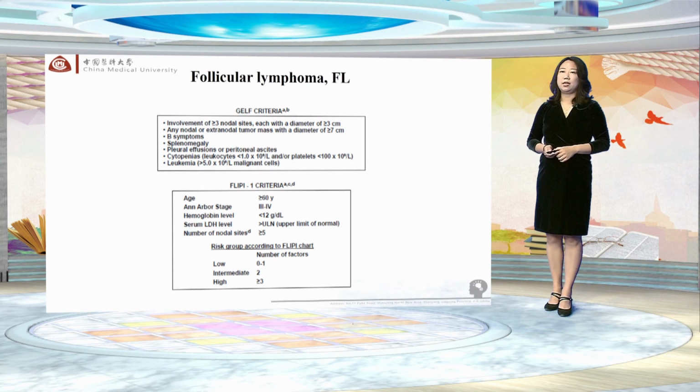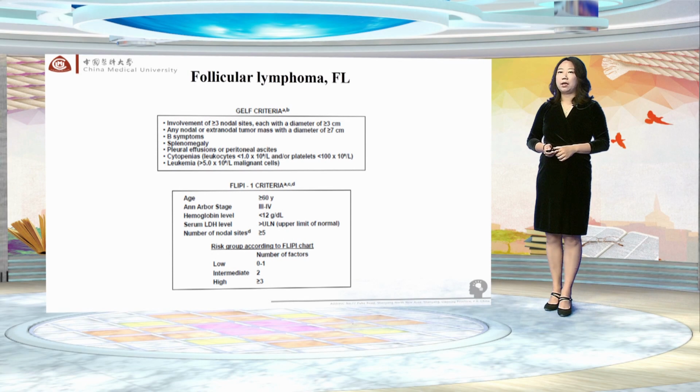Here are the GELF criteria, which can help clinicians to decide whether the patient with follicular lymphoma has an indication for treatment. It consists of 7 factors, including involvement of more than 3 nodal sites, each with a diameter of more than 3 cm.